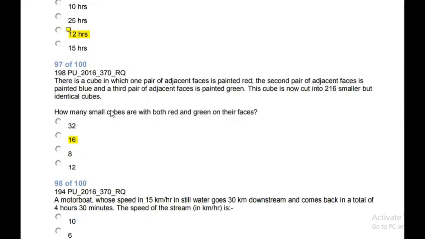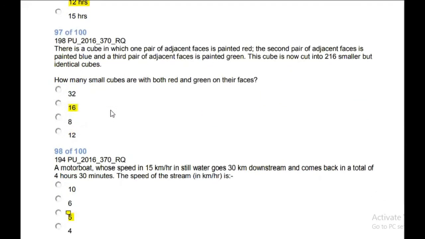Next question, question number 97. There is a cube in which one pair of adjacent faces is painted red, a second pair of adjacent faces is painted blue, and a third pair of adjacent faces is painted green. This cube is now cut into 216 smaller but identical cubes. How many small cubes have both red and green on their faces?